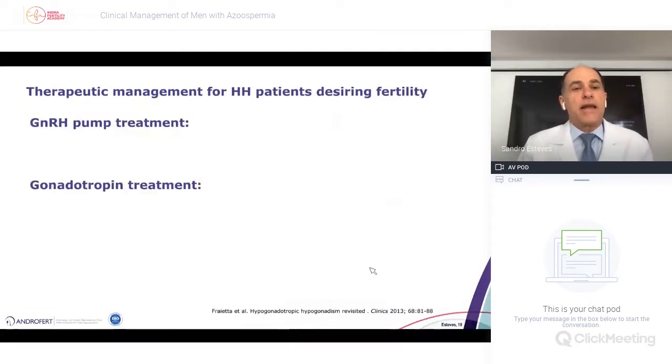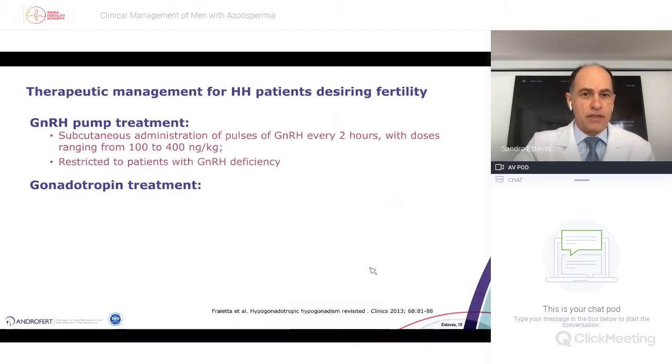Well, then we need to discuss therapeutic management for hypo-hypo patients desiring fertility. One option would be to give these patients the GnRH pump treatment, which relates to the subcutaneous administration of pulses of GnRH every 2 hours, with a dose that varies. But this is restricted to patients with GnRH deficiency.